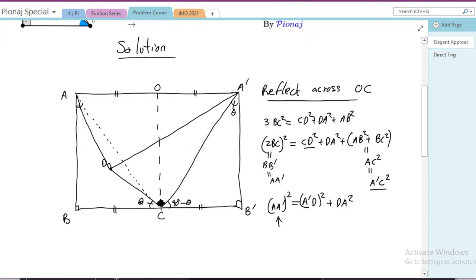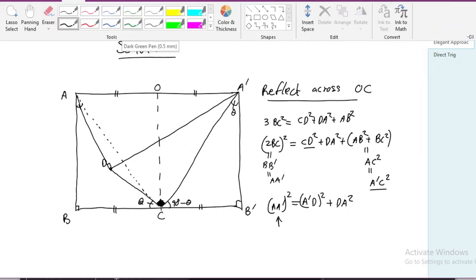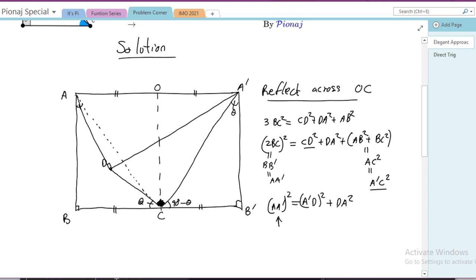Since this is 90, it means if we draw a circle centered at O with diameter A prime, then D will have to lie on that circle.